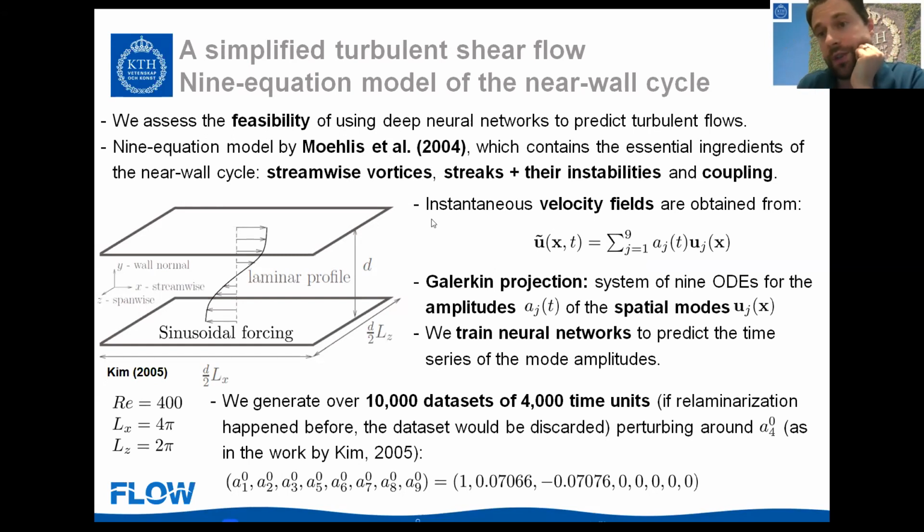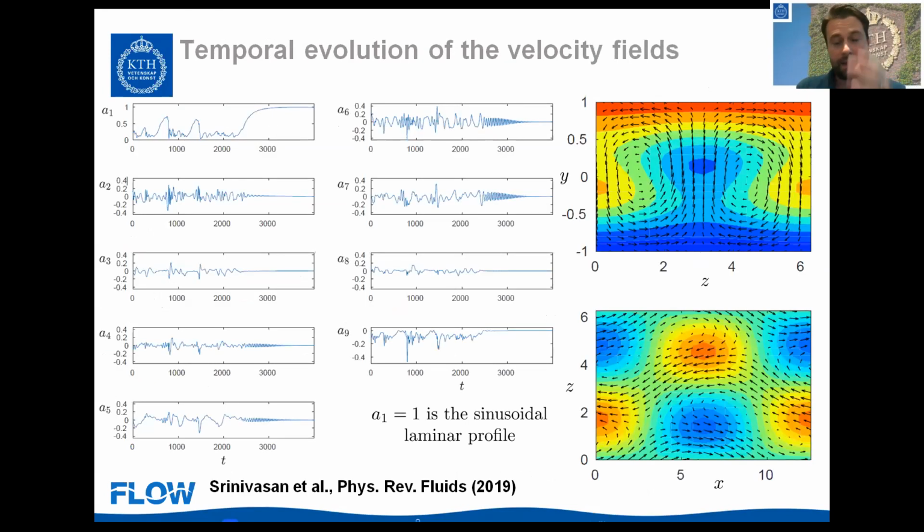Because it only contains 9 modes, it's actually quite suitable to try temporal dynamics algorithms, and we spent quite some time working on this model because of that interesting property of being able to encapsulate the dynamics into only nine modes. And this is a visualization of the 9 time series of these modes.